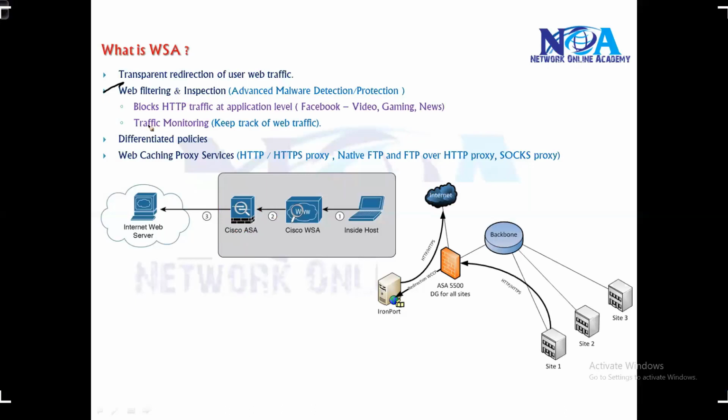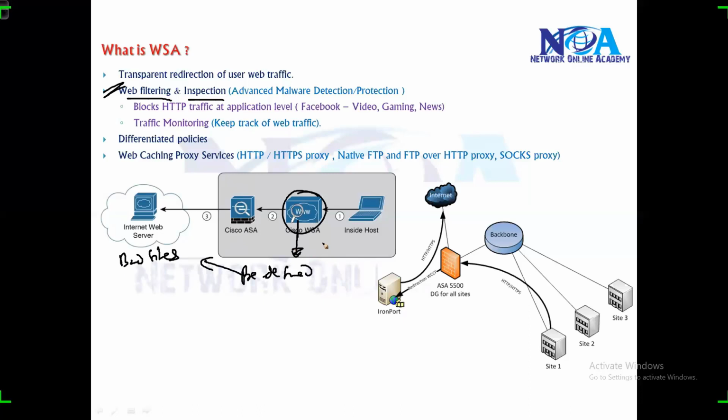So what WSA can do is web filtering and inspection. One of the options is web filtering. In web filtering, the WSA filters the traffic based on some predefined categories. You have something called bad sites, let's say.